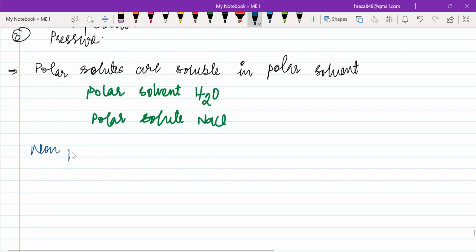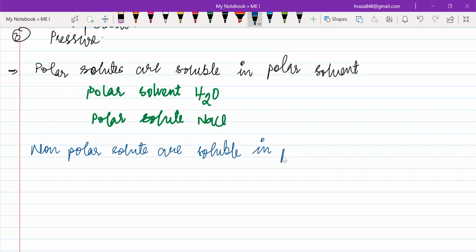And in the same way, non-polar solutes are soluble in non-polar solvent.